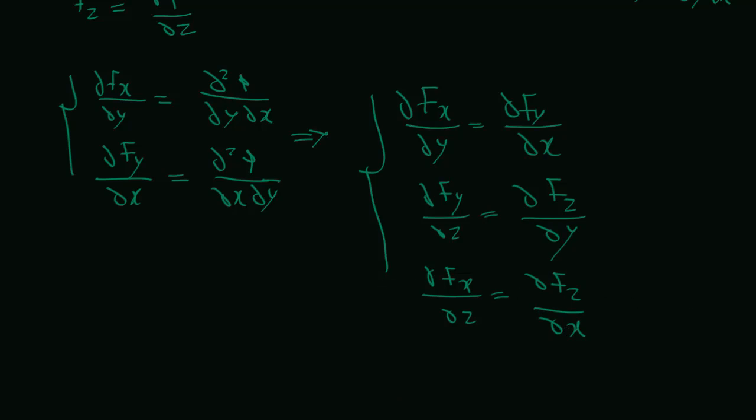So if F dot dr is a complete differential of a function, then these conditions should hold true for its components. And these conditions are called the Cauchy-Riemann conditions.